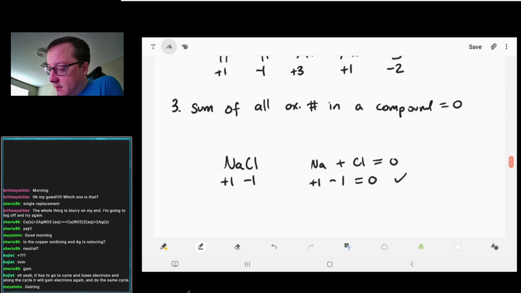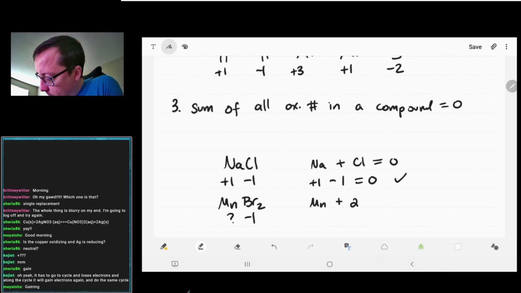So we did the same thing for something like this one, where manganese, maybe we're not quite sure what its charge is going to be. Maybe we have no idea, but we know that bromine must be -1 in an ionic compound, because that is the preferred charge of bromine.